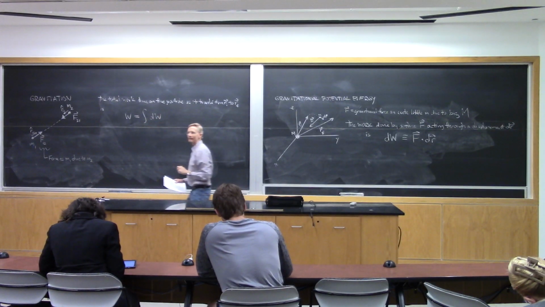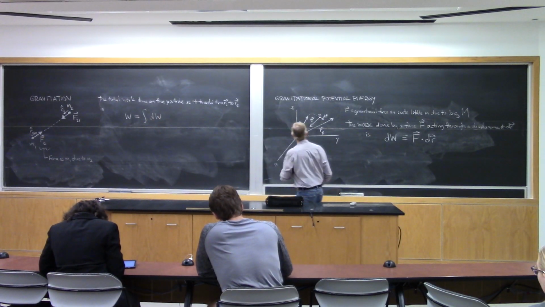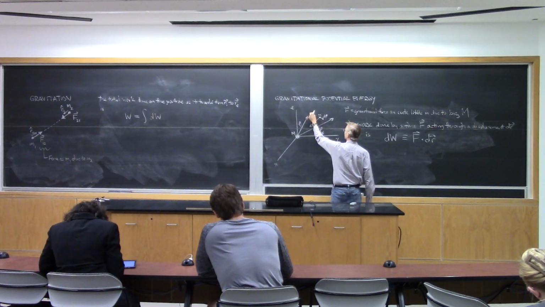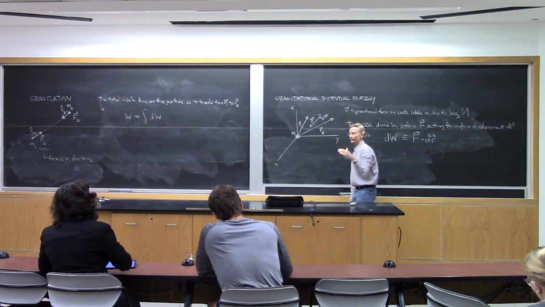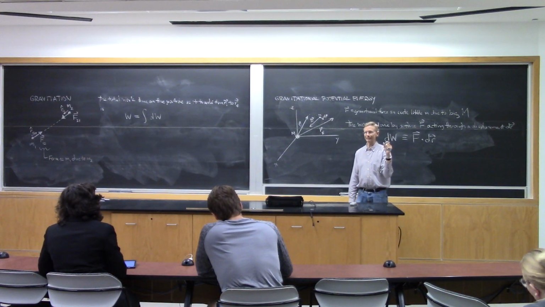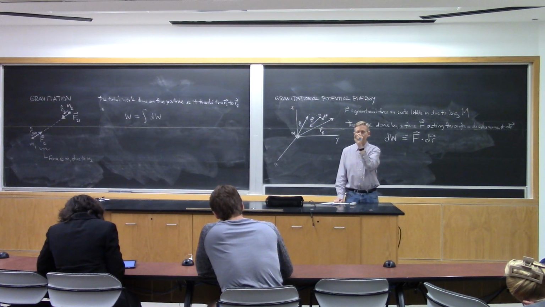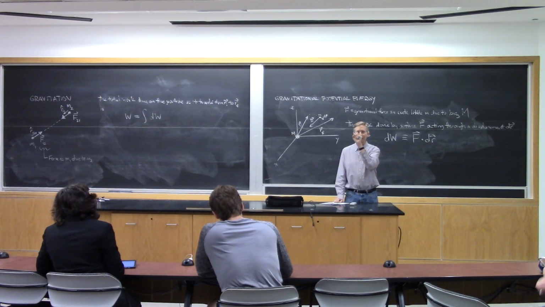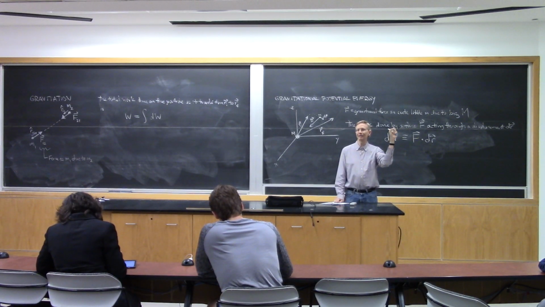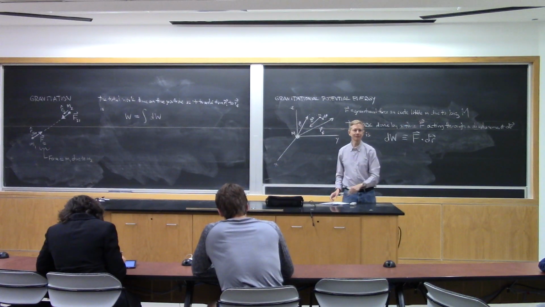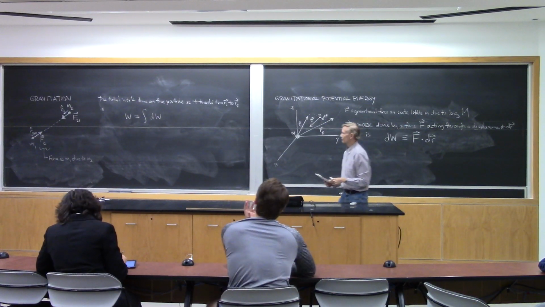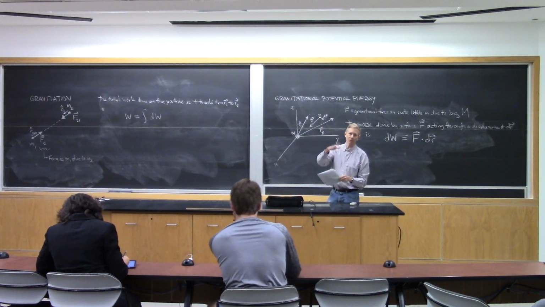We're going to add up all the dWs, right? Of course, there's an infinity of them to add up. It's the usual calculus. You break the path into an infinite number of infinitely small displacements. So we integrate. You could represent it as a finite sum that goes over to the integral.